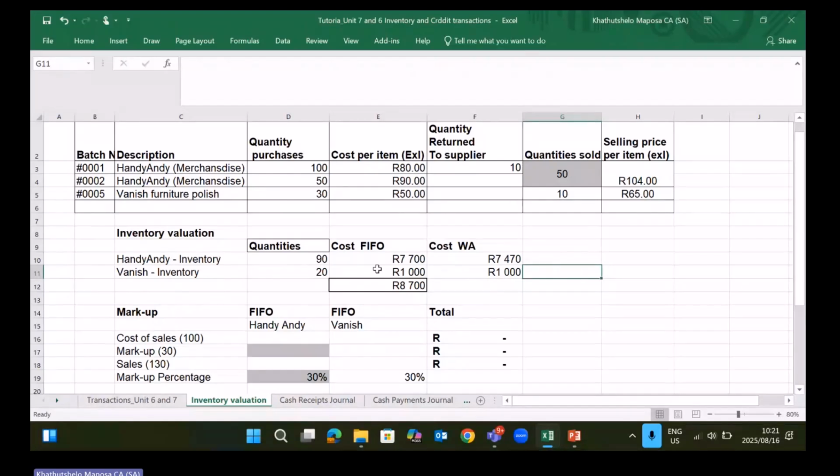On weighted average, the calculation using the totals that I've shown you is the most preferred method, even though it can be a little bit longer if you are having different purchases and sales at different dates.